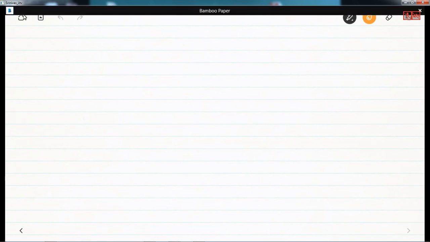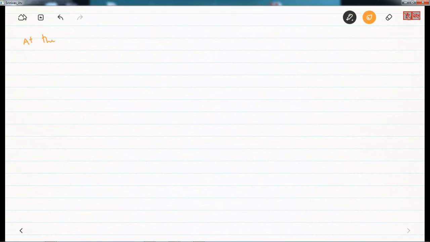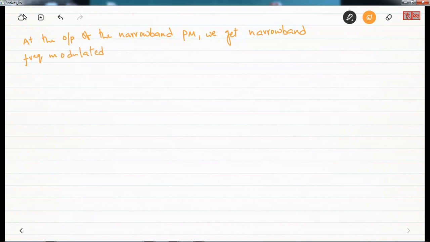So at the output of the narrowband phase modulator, we have a narrowband frequency modulated signal, and that is given by A_c cos.